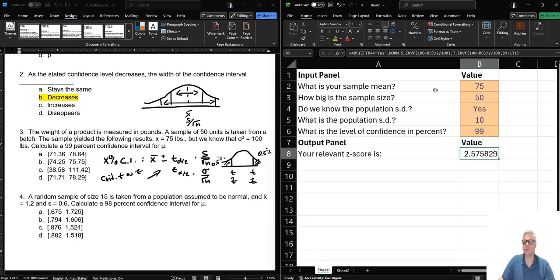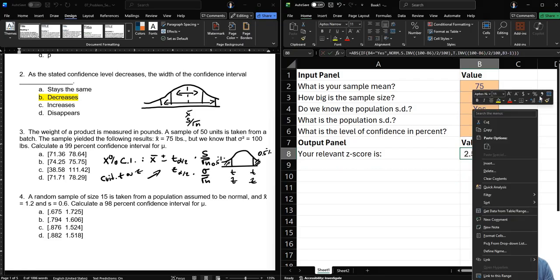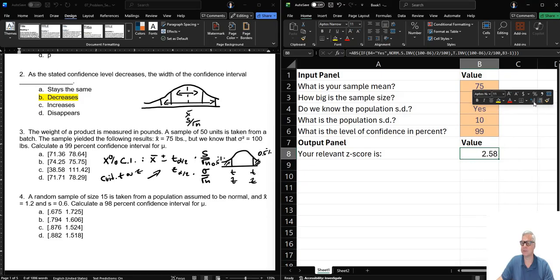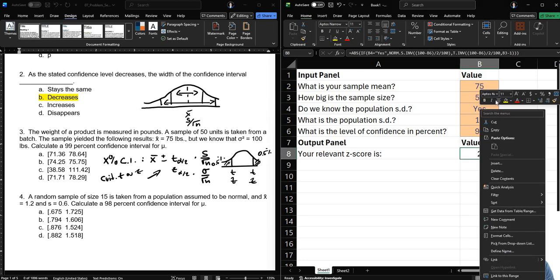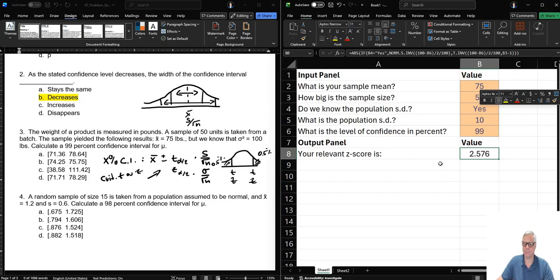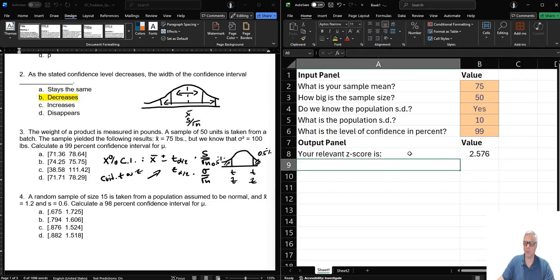And then we also want to round it to 3 decimal points. Or we can just actually format it. We can right click and then we can click the symbol that says decrease decimals, switch it to 3 decimals. So now we have the relevant z-score or t-score.